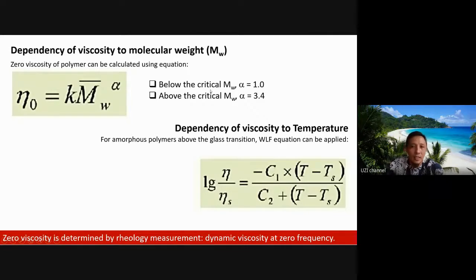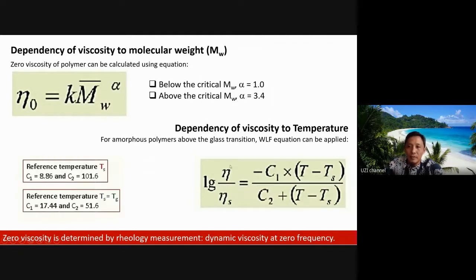Below the critical molecular weight, alpha is equal to 1, but above the critical molecular weight, alpha becomes 3.4. And for the dependency of viscosity on temperature, we have the WLF equation. With the reference temperature Ts, C1 is 8.86 and C2 is 101.6.